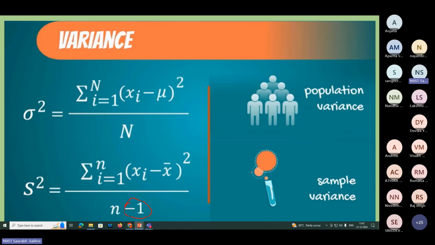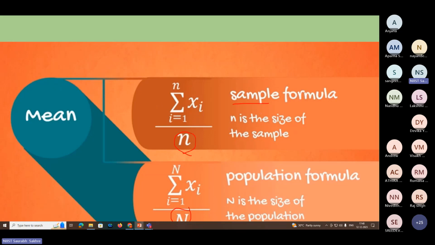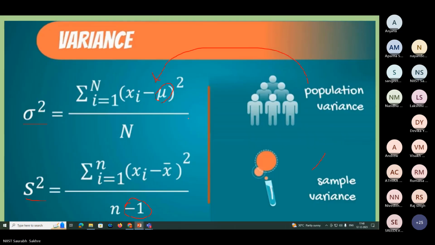In the case of population, we denote variance by sigma square, and in the case of sample we denote variance by s square. It is the summation from i equal to 1 to n of (xi minus mu) squared, where mu is the population mean, and bar x is the sample mean.